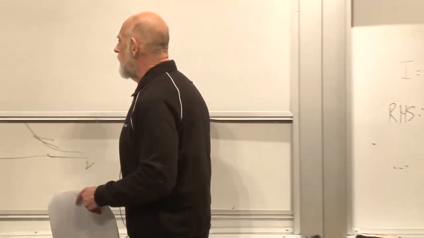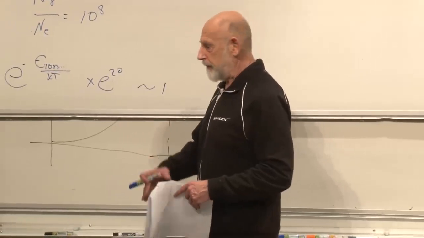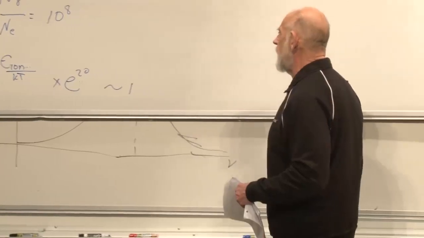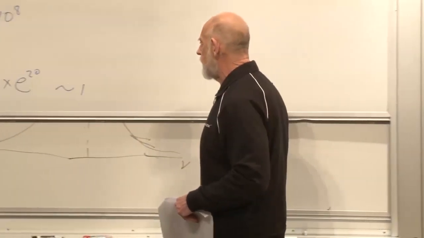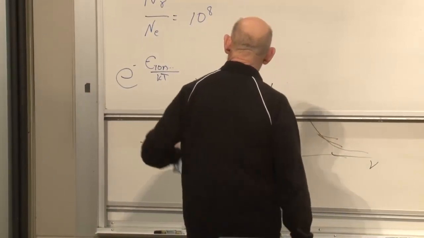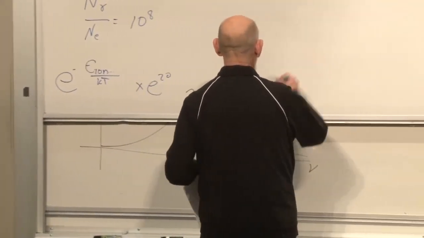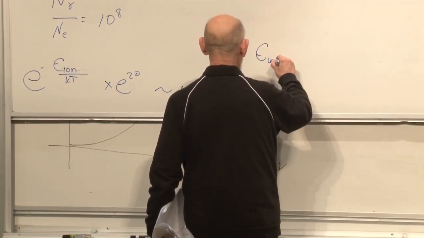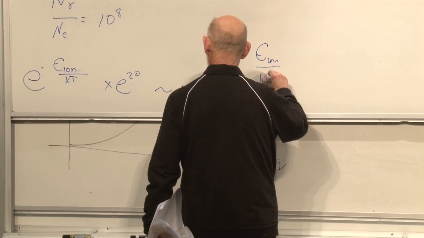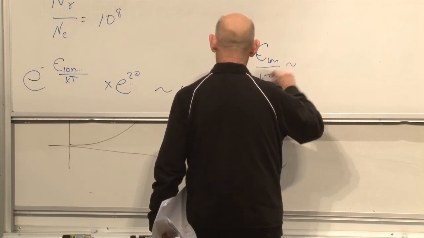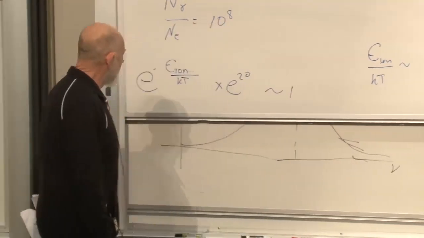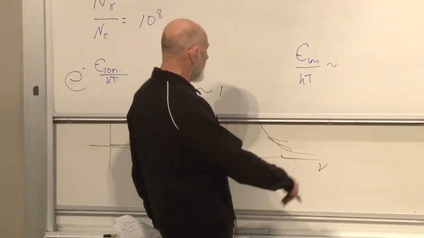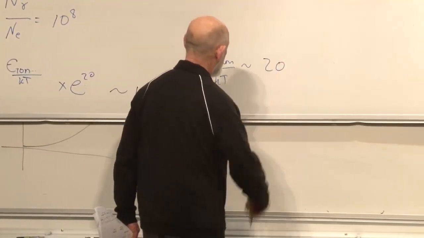Okay, back to decoupling and probably well back before that. All right, so we have e to the 20 times e to the minus ionization energy over kT should be of order 1. And we can write that then that the ionization energy over kT should be bigger than or equal to about, what, 20? 20.